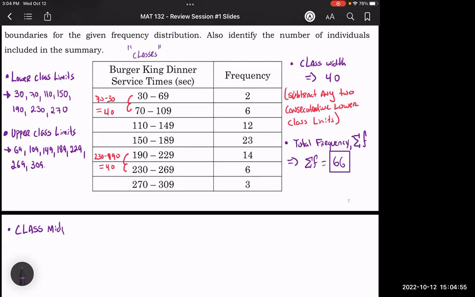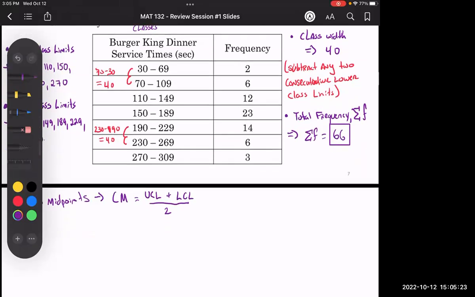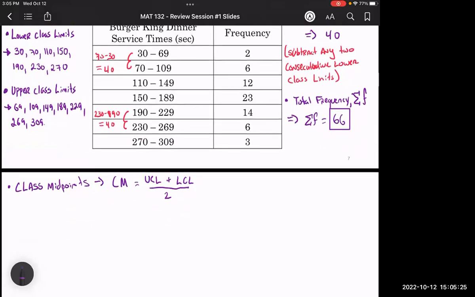What is the formula for finding a class midpoint? Upper class limit plus lower class limit divided by 2. That's right. So I'm going to write out the formula. For the class midpoint, I'm just going to call it CM for now. It's equal to the upper class limit, UCL, plus the lower class limit, over 2. All right, so we're going to go in order.